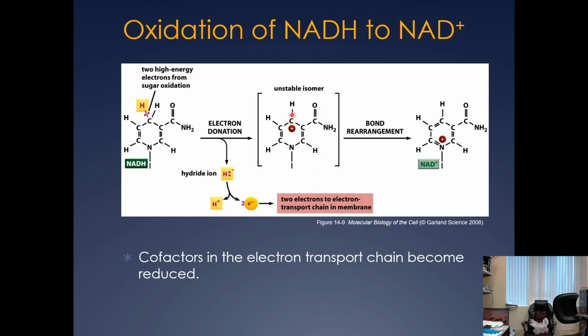And then you basically get an unstable intermediate and some bond rearrangements, and then you have NAD+, okay? And it's the cofactors in the electron transport chain that all become reduced, and these electrons then can travel through the electron transport chain, which we'll cover in pretty extensive detail in the next coming slides.